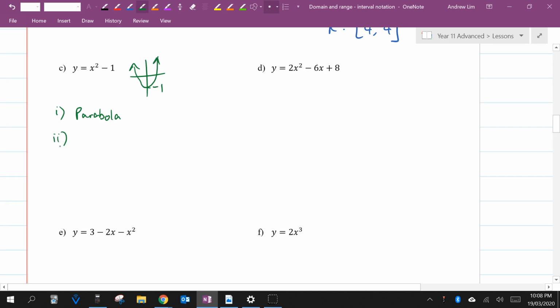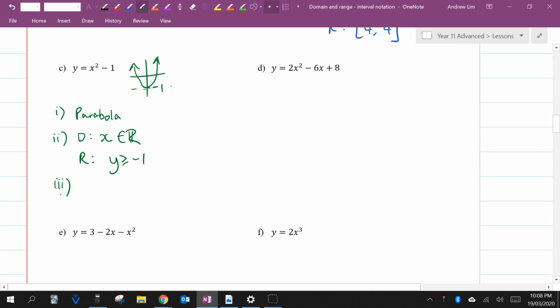The domain is all real x, or x is an element of all real numbers. And the range is y is greater than or equal to -1, because it never goes down past -1.